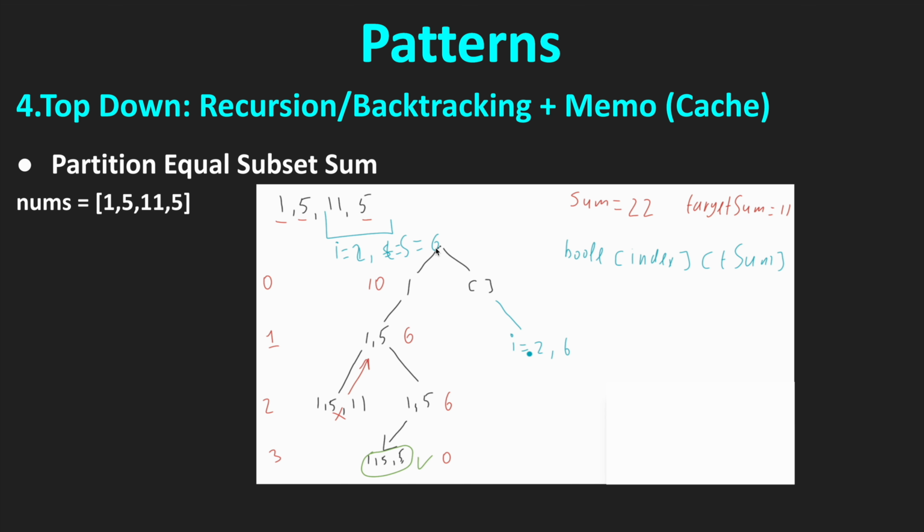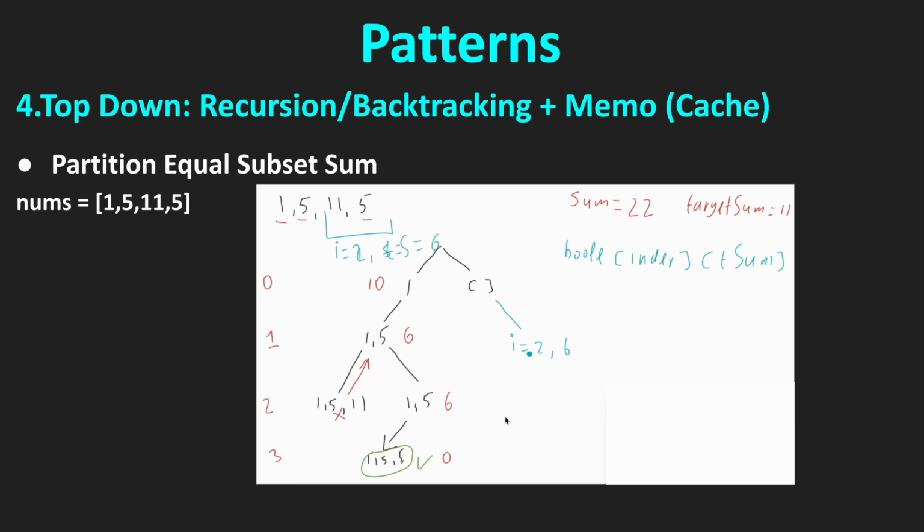So for example, in this case, we are first generating a tree for 1, then for 1 and 5, and then for this branch, we are generating for 1, 5, and 11. 1, 5, and 11 is more than 11, so we are backtracking from here, right? Then we are generating for the next one, for 1, 5, so we are generating 1, 5, 5. 1, 5, 5 is equal to our target sum, so we are returning true here, right?